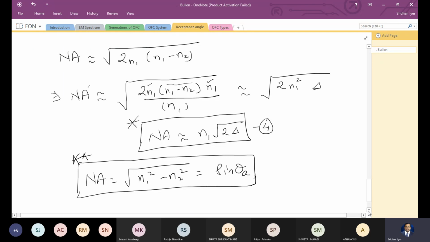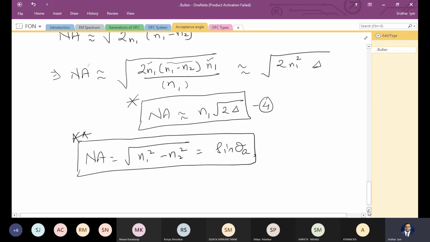And NA can also be written in the other form which we had specified yesterday, which is the square root of n1 square minus n2 square, which is equal to sine theta A. So you have another way of writing the NA factor.